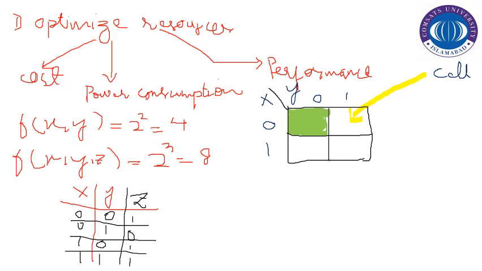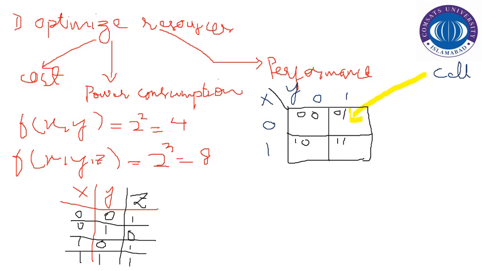So that cell has the value x equals 0, y equals 0. The next cell has the value x equals 0, y equals 1. The next row has the values 1 0 and 1 1.